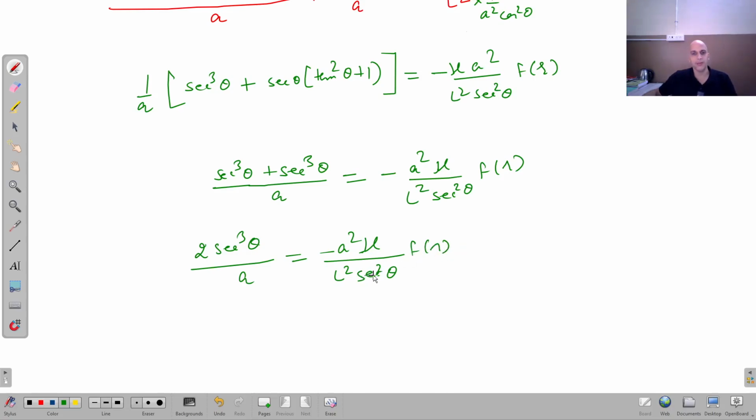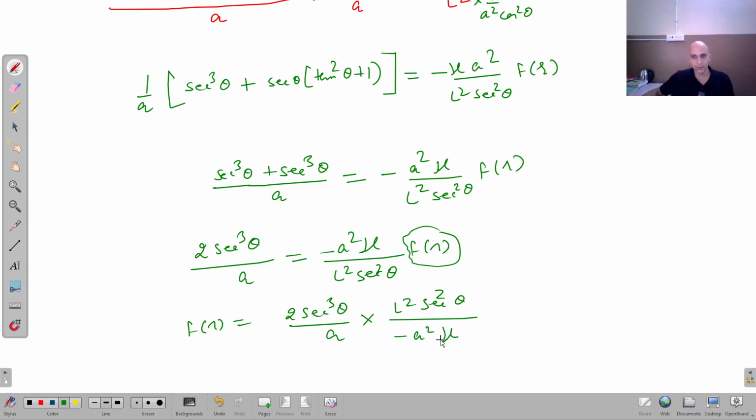So now I am taking the term f r to this side. So f r is equal to 2 secant cube theta upon a, into L square secant square theta divided by minus a square mu.